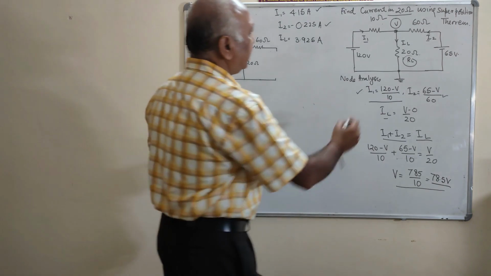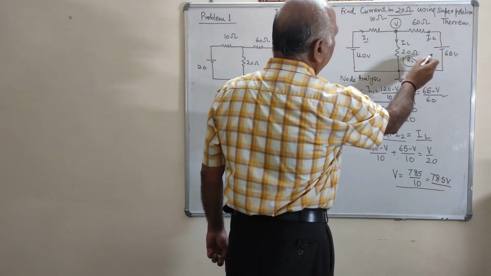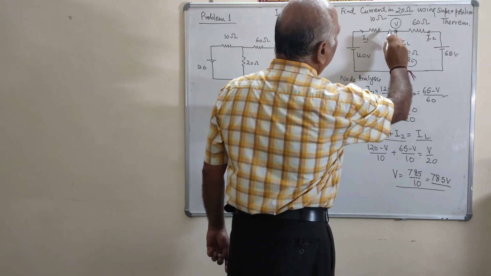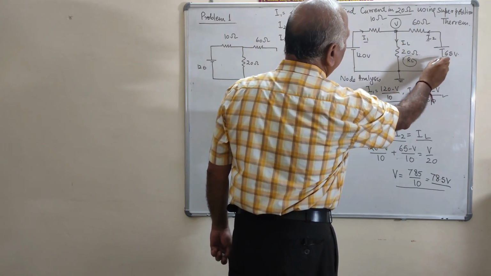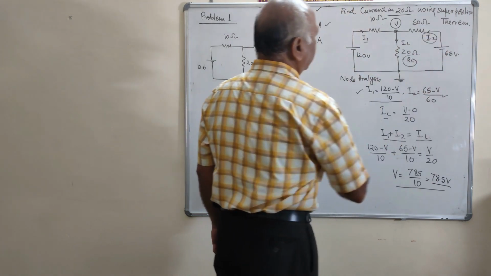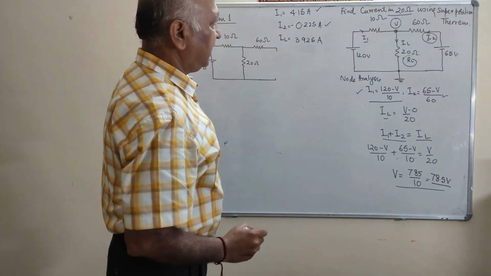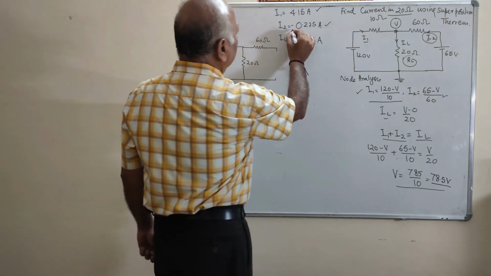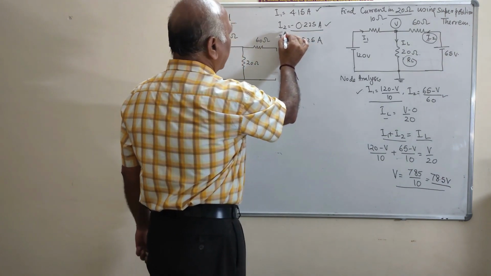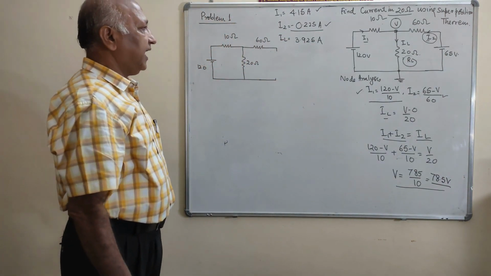Now you will see V is 78.5 and here is 65, and current flows from high potential to low potential. Therefore the direction of I2 that we had assumed is reversed. Clear? That means it is a negative sign. So I2 is equal to minus 0.225 ampere.